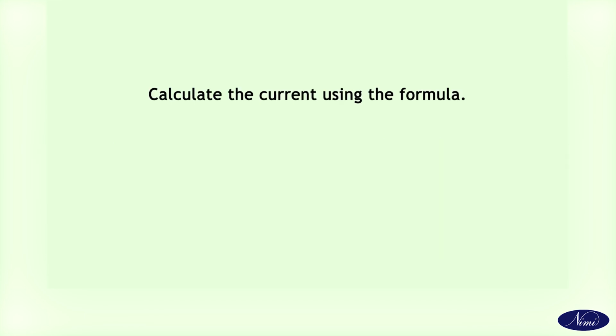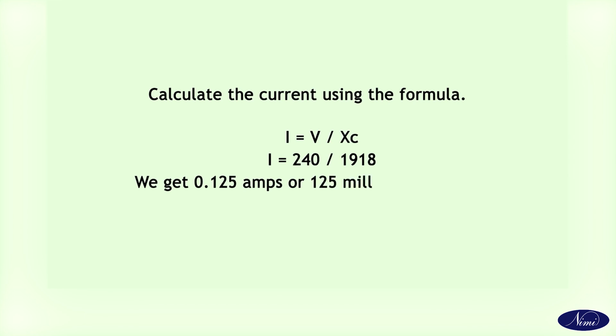So we have capacitive reactance Xc is equal to 1918 ohms. Calculate the current using the formula I is equal to V by Xc. I is equal to 240 by 1918. We get 0.125 amps or 125 milliamps of current.